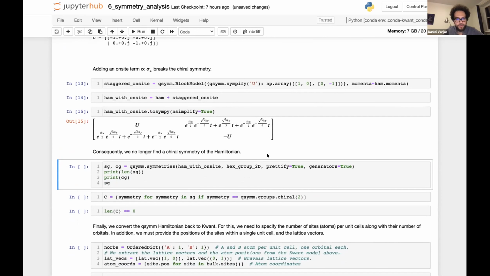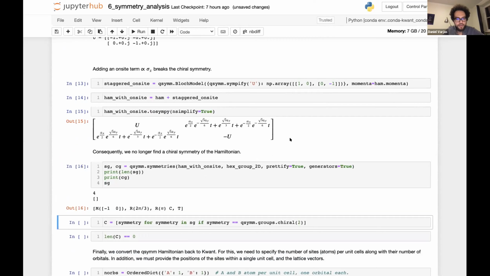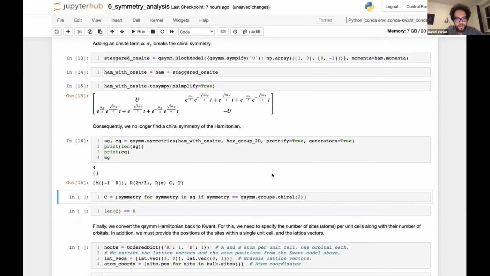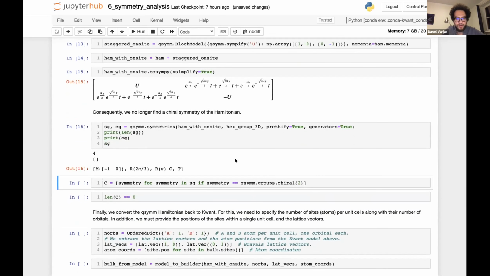And if we look at the symmetries of this new Hamiltonian, we find that now the chiral symmetry is missing from the generators. We still have time reversal symmetry, and something you might not have guessed before, we have a symmetry which is a twofold rotation combined with chiral symmetry.